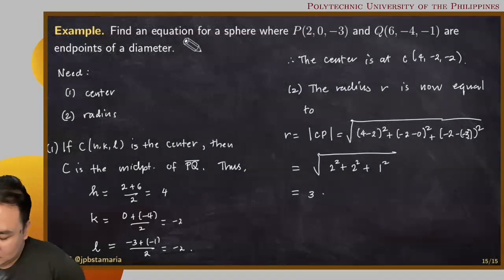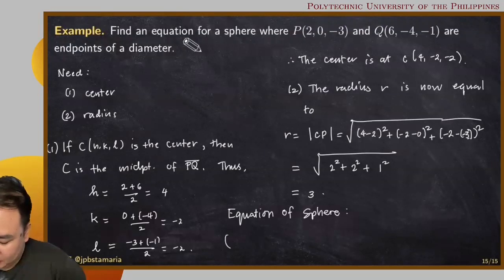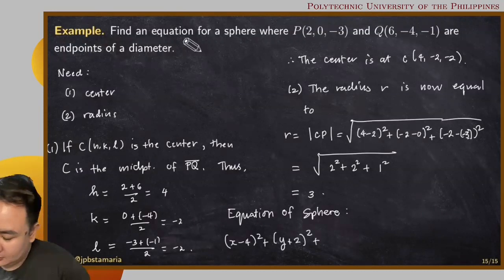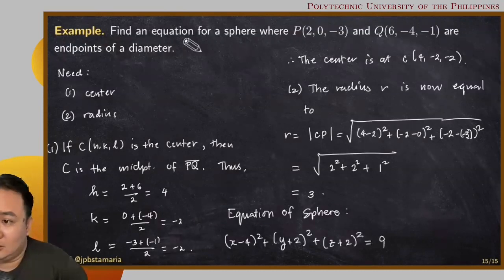So, ano equation ng sphere? Ito na naman tayo sa circle. Equation of sphere, in center radius form. X minus 4 squared plus y plus 2 squared, plus 2 kasi negative 2 yun. And then, z plus 2 squared equals 9.